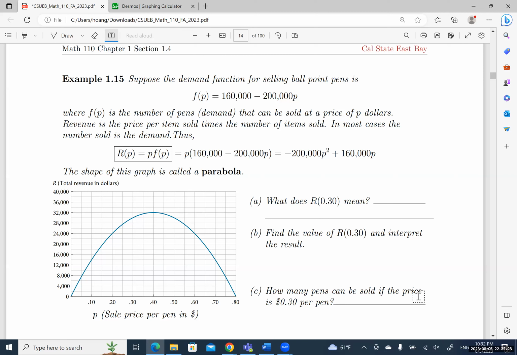In most cases, the number sold is the demand.